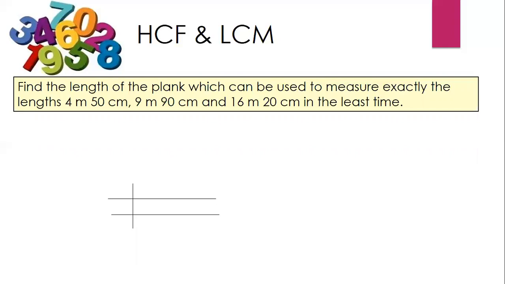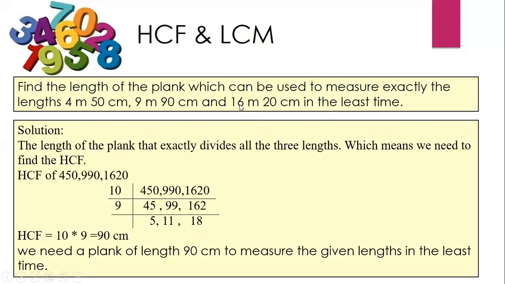The highest length that measures all the 3 lengths, 450 centimeter, 990 centimeter and 1620 centimeter, is nothing but finding the highest number which divides 450, 990 and 1620. Okay, so HCF of this is 90 centimeter. So we can say we need a plank of length 90 centimeter to measure the given lengths in the least time.